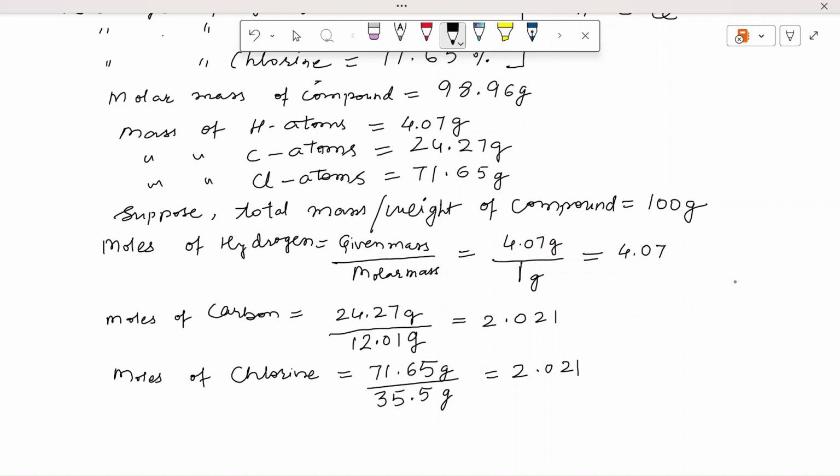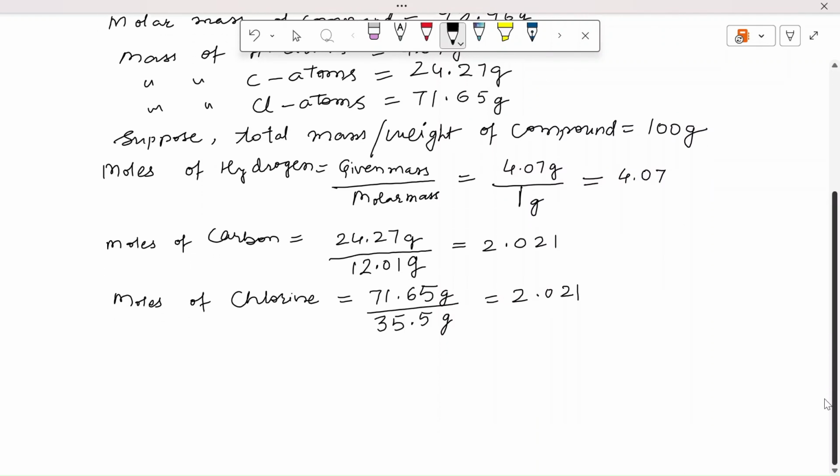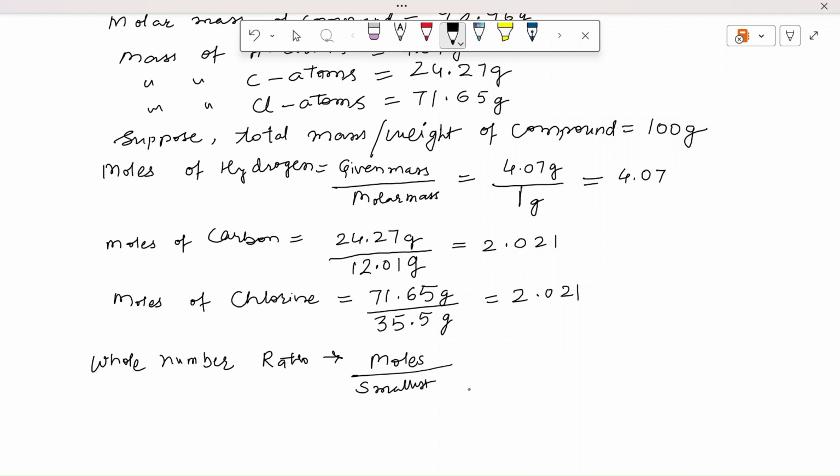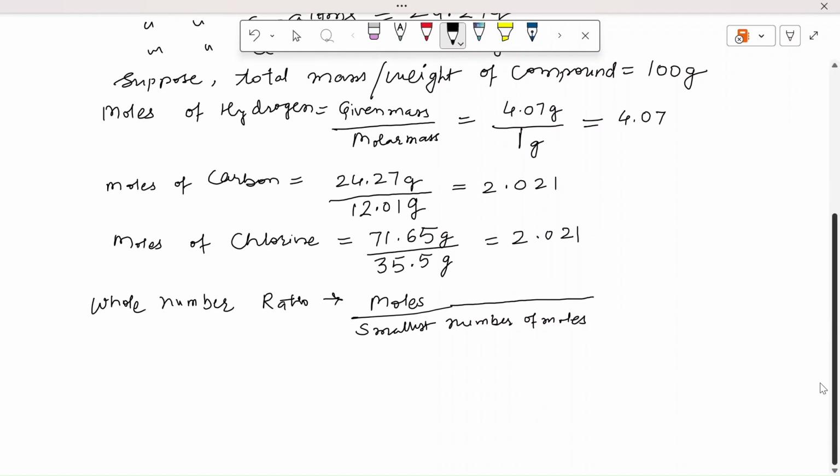To get the whole number ratio, we have to divide all the moles by the smallest number of moles. Suppose I'm calculating from hydrogen.